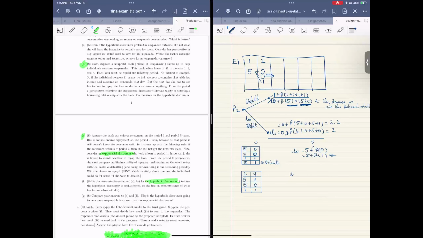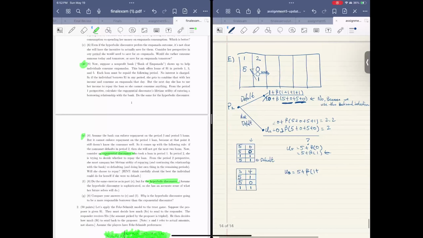So utility of 3, for period 3, you will have 5 plus beta of, if you default, plus... We already know that if it defaults, this person will never save. So we can just keep going. Period 3, 4, 5, 6. That's it. Period 3, if it doesn't default, will look like this.